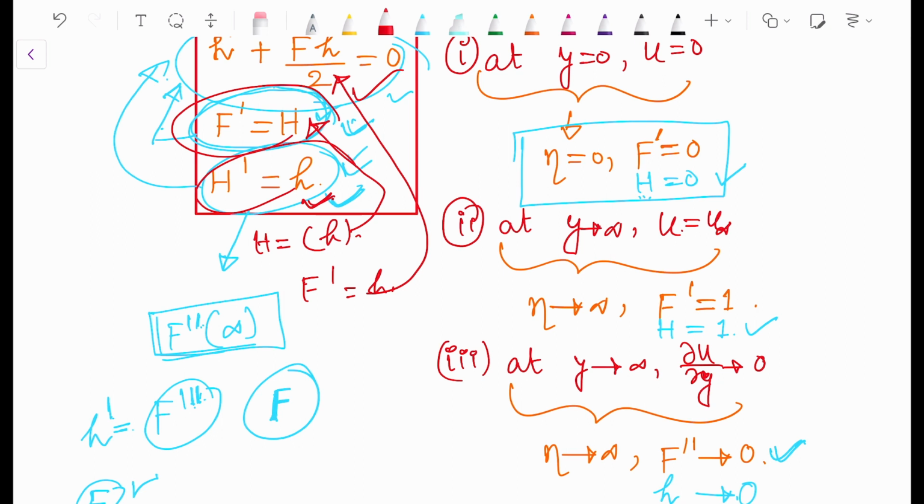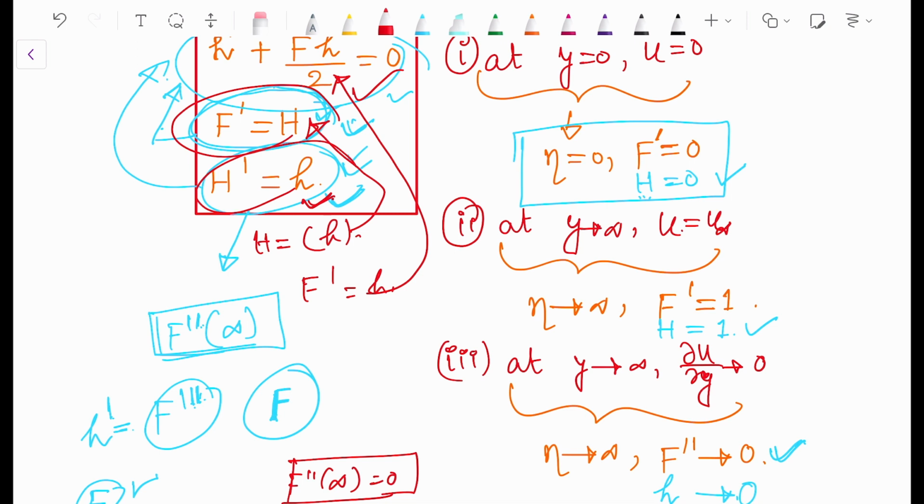In the next class I will show you the appropriate shooting method. The philosophy of the shooting method is that you guess some value, and then solve for a target value. Here my target value is f double dash at infinity. If my target value is achieved, that is f double dash at infinity is 0, then my guess was correct.